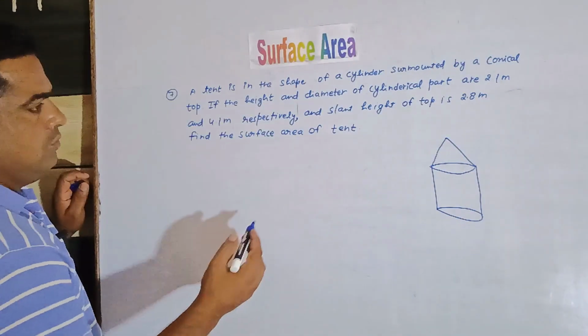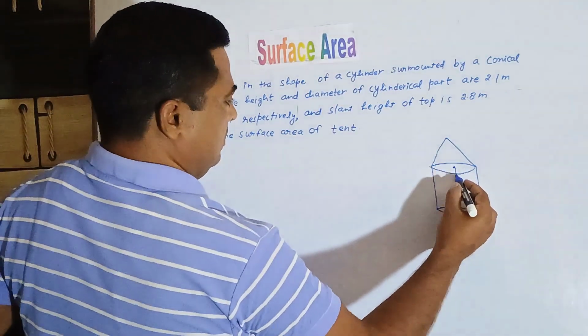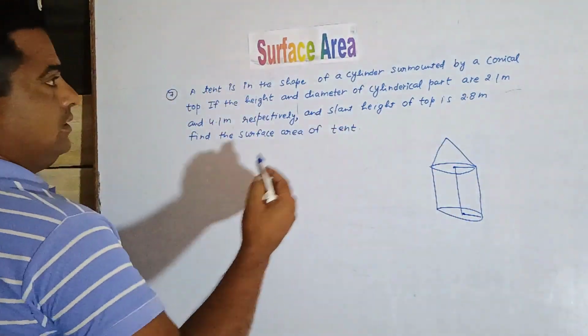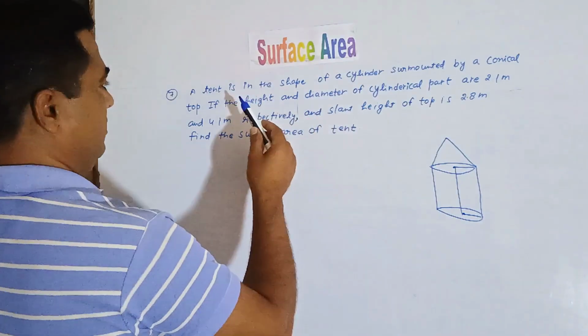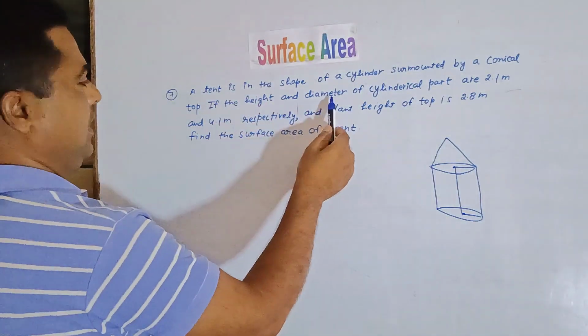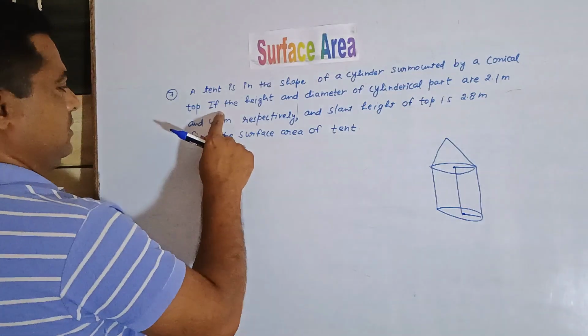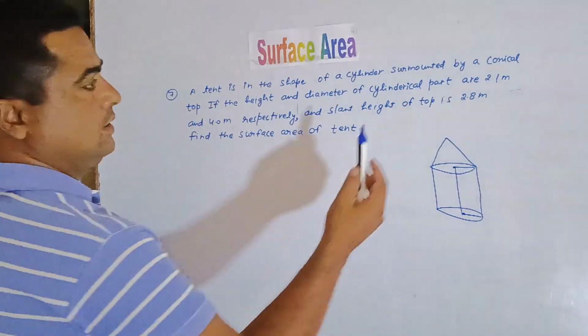Students, we will write here what is the height. They have given the diameter and height respectively. The diameter is given here as 4 meter, correct?